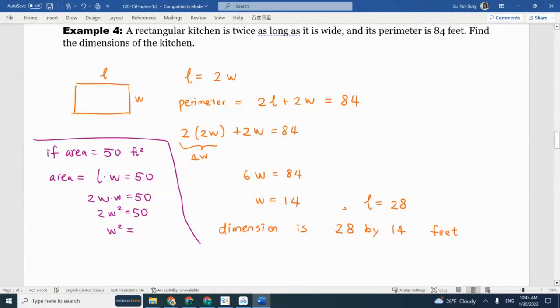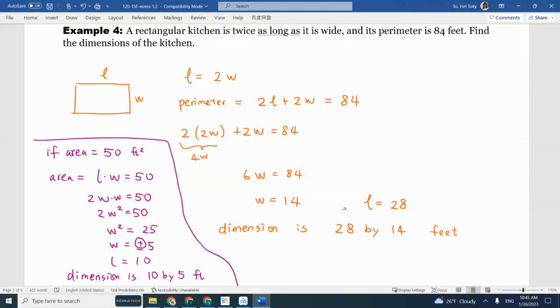Divide by 2. W squared equals 25. What's W? 5. Good. And usually when you take square roots, you get plus or minus. So you get two answers. But because we're working with application problems, we only pick the positive one. Then your length is what? 10. Exactly. So the dimension is 10 by 5 feet.